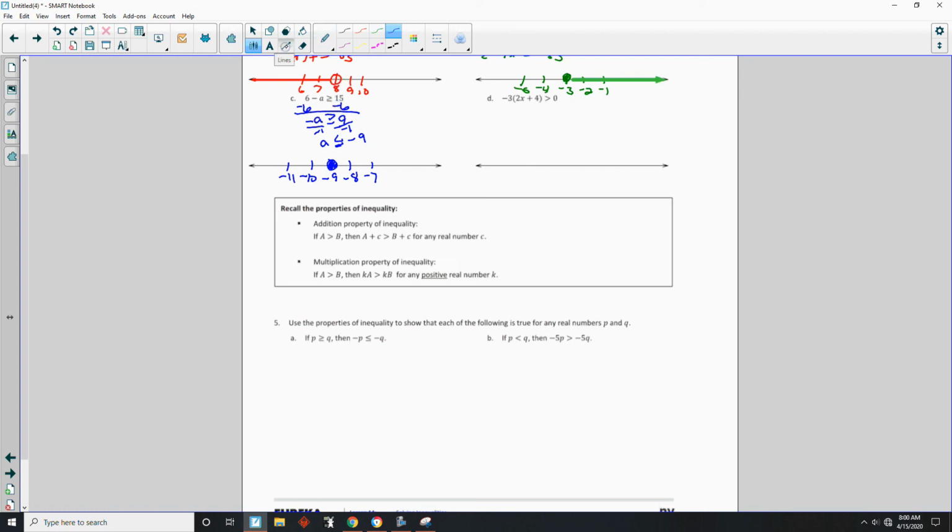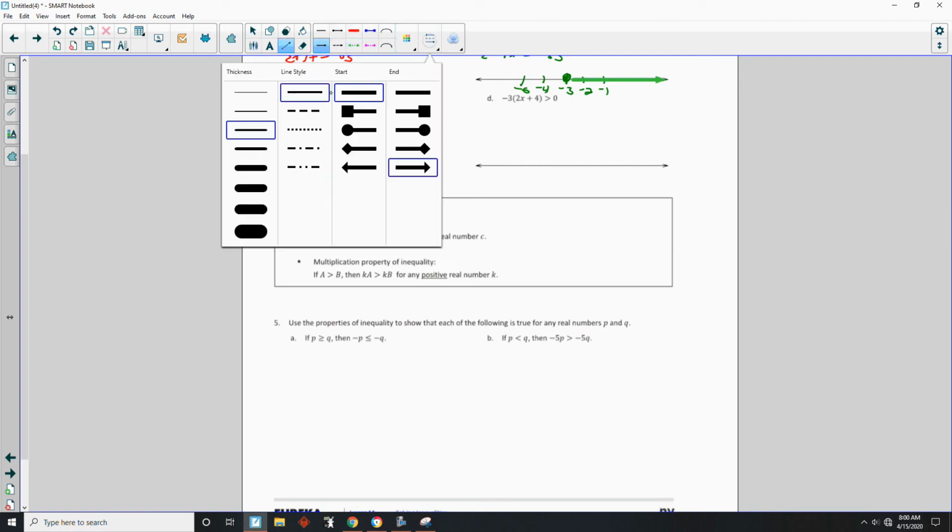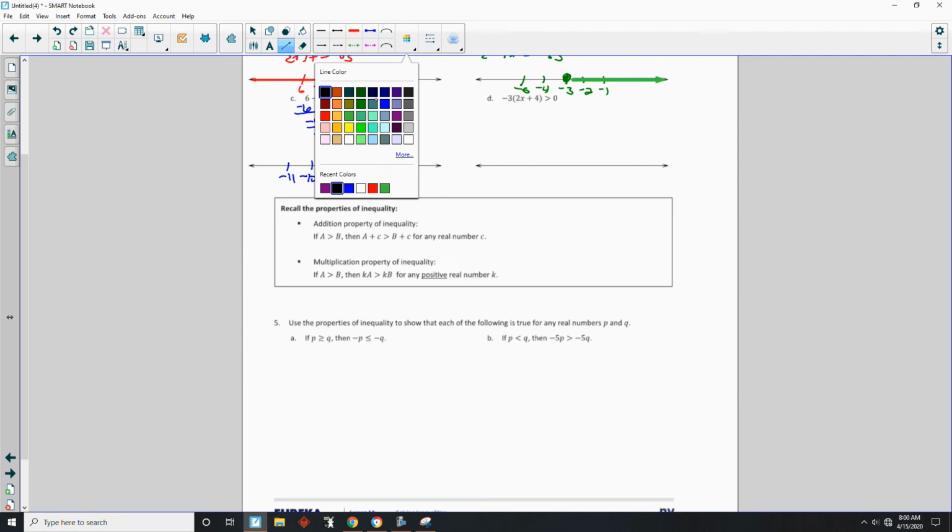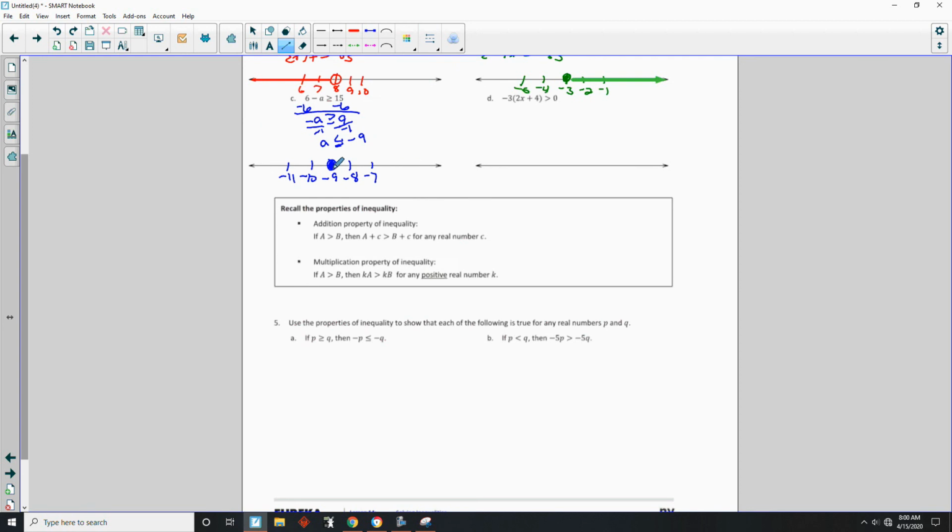So, arrow, thicker, bluer, and it's in my way again. I don't know if I can, maybe if I click here, that'll get rid of it. And then I can use it. That'll work, okay. All right, so -9 and everything to the left.